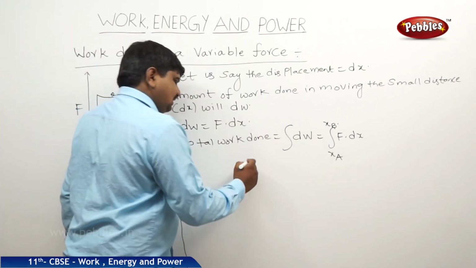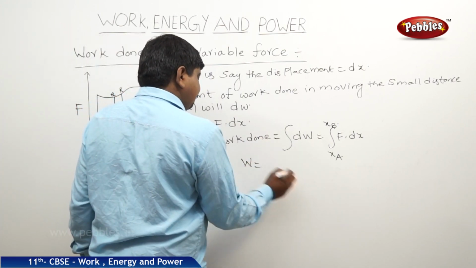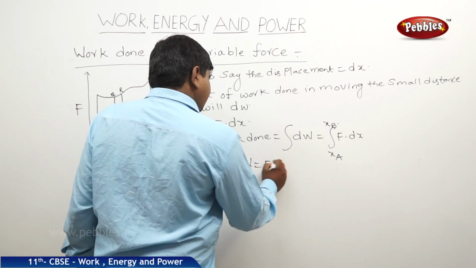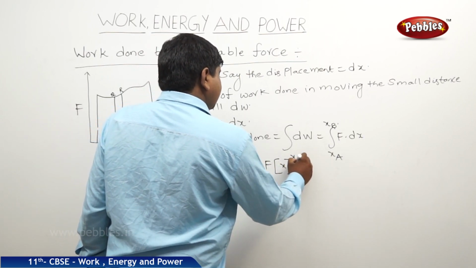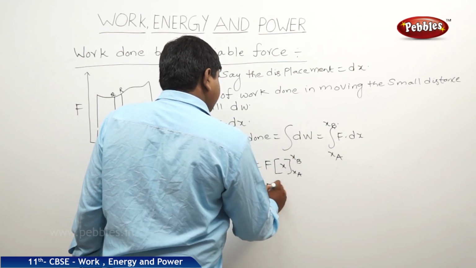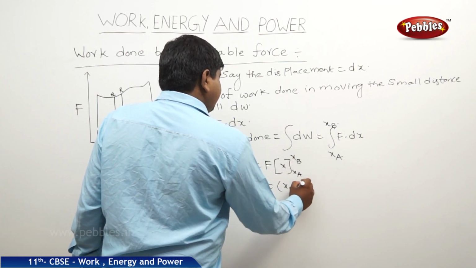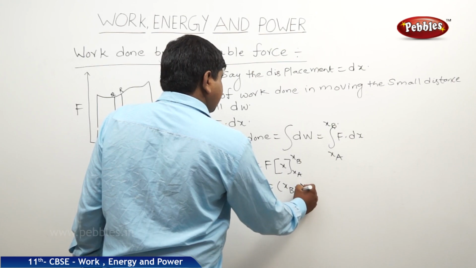So the differentiation and integration will be cancelled out. Therefore, W is equal to F of x from xa to xb. Therefore, it will be F of xb minus xa.